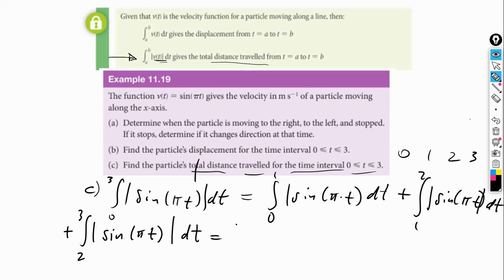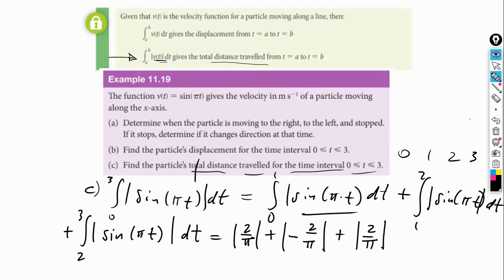So this will equal the absolute value of 2 over pi for that first integral, plus the absolute value of minus 2 over pi, plus the absolute value of 2 over pi. So this is going to give us exactly 6 over pi, which is approximately 1.91 meters.